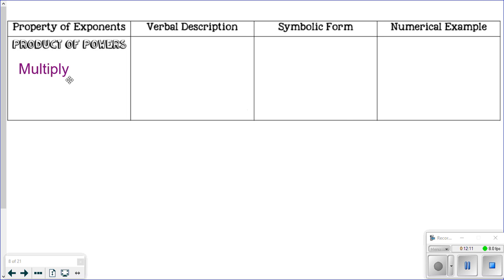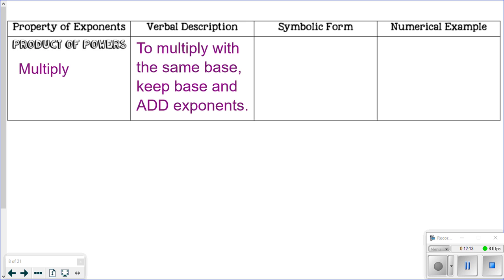Okay, our verbal description here: in order to multiply with the same base, we keep the base and we add our exponents. Go ahead and type that in or write that down. To multiply with the same base, we keep the base and we actually add the exponents.